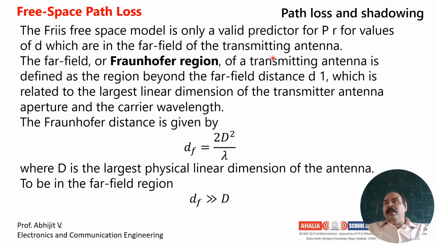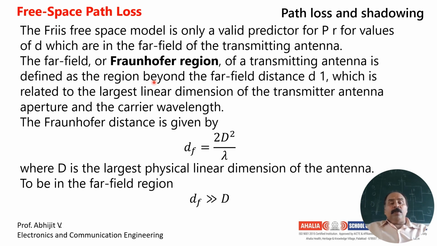In reality, while you implement a practical wireless communication system, there might be situations where you do not know the distance between the transmitter and the receiver. So there might be far off regions where d may be infinity. These far off regions are called Fraunhofer regions.